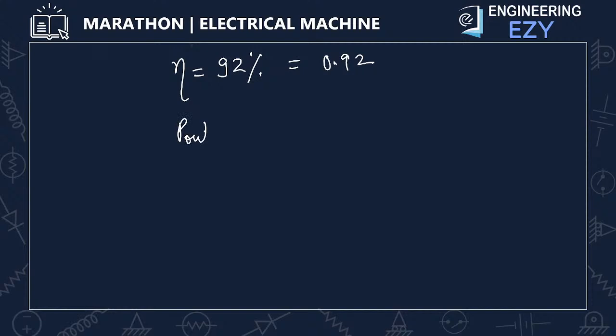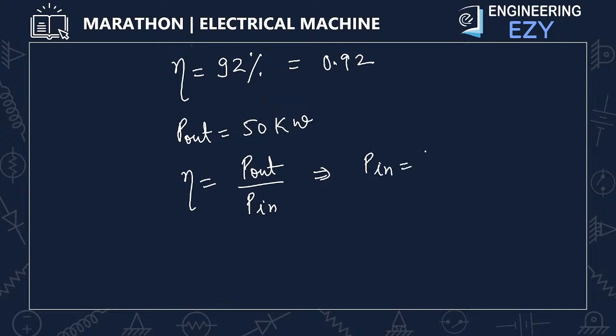We must know that efficiency is the power output divided by power input. So from this equation we get the power input is equal to power output divided by efficiency. So 50 divided by 0.92 kilowatt.